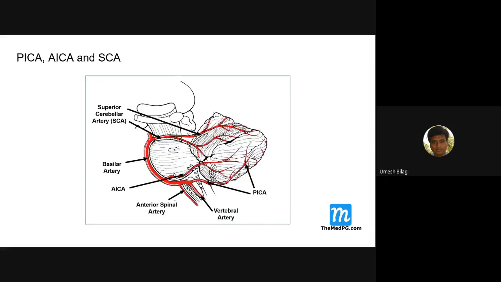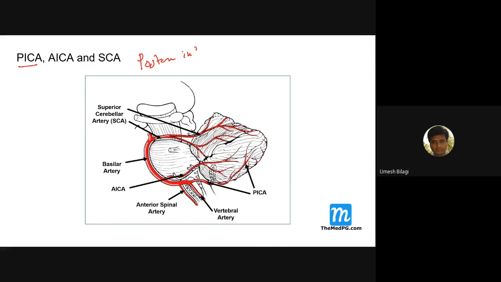If you don't answer me, okay. Now this is a diagram where you are seeing PICA, AICA, SCA. This is not Pokemon. See, what does PICA mean?